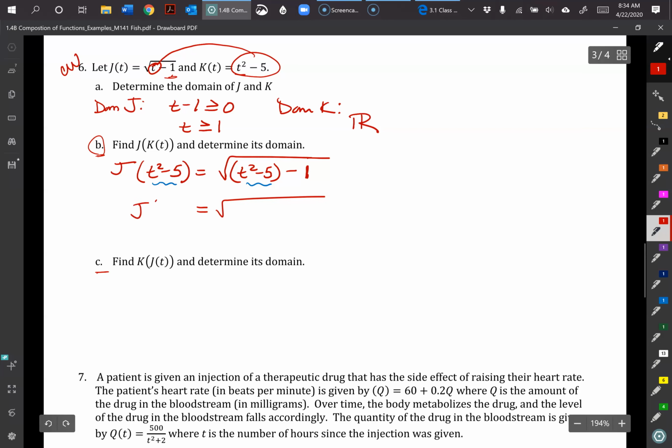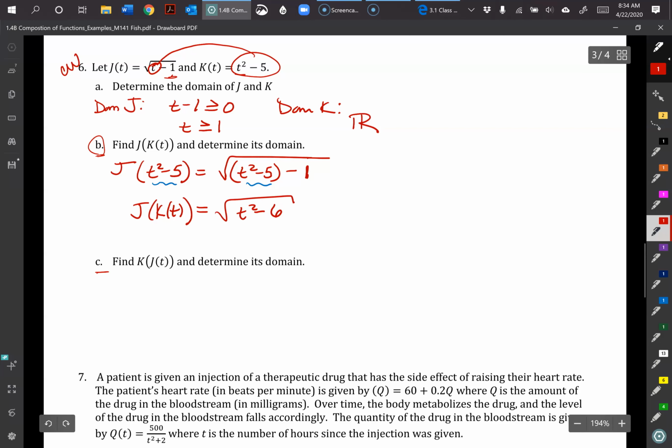So I would have J of K of T equal to radical T squared minus 6. Again, the square is only attached to that T inside the parentheses, so we're good to go there. So that's my answer for that.